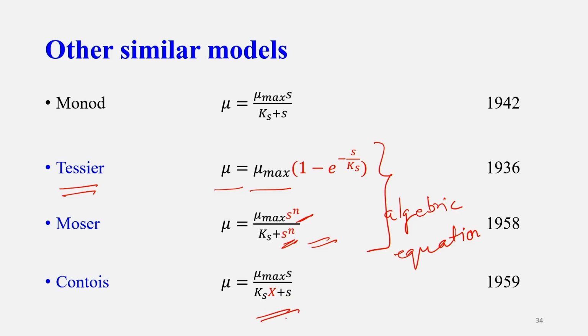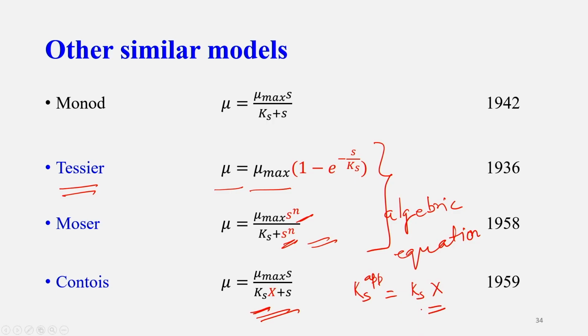While in the third one, this quantized model, it says this apparent Ks, or you can say Ks apparent equals Ks into x.